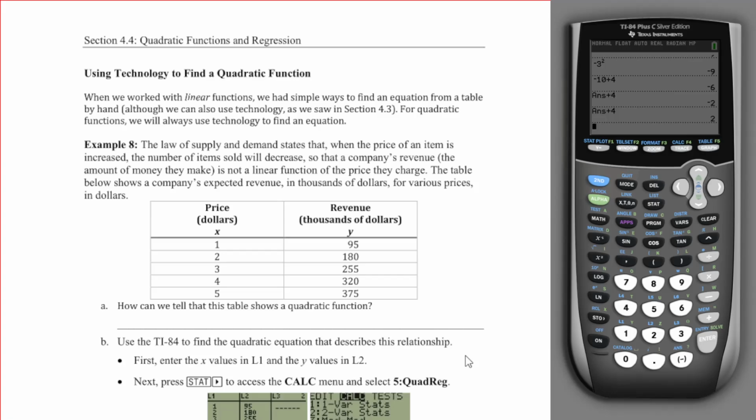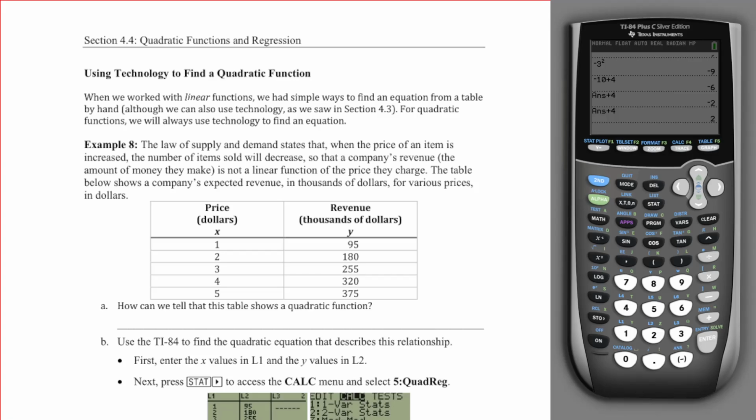We could find the slope and the intercept based on the table, or we could find the slope and just use any 2 points. There are ways to go from table to equation by hand, but the math is a little bit more intensive. So when we want to go from a table to an equation, for our purposes in this course, we're going to use technology.